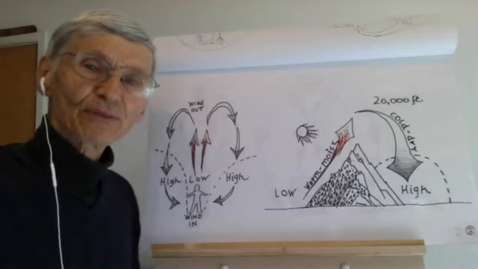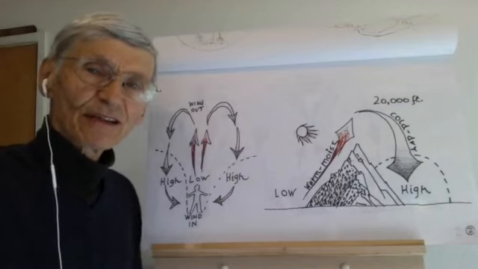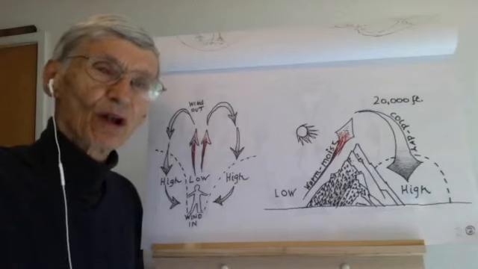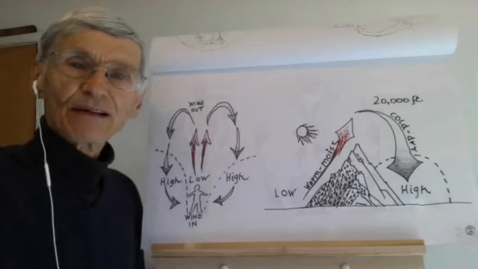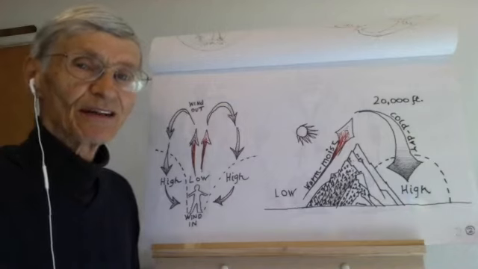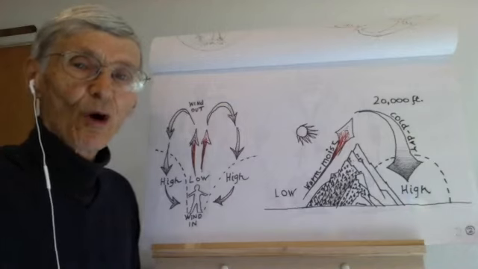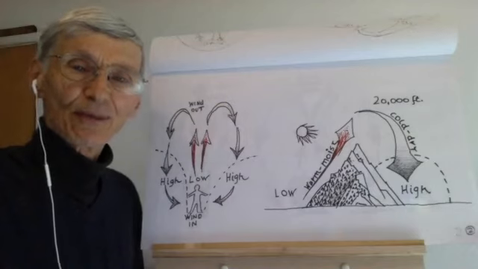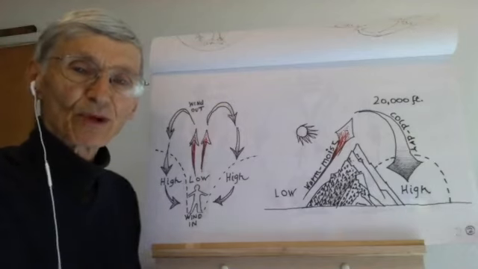If the cloud is building vertically, then that means that the warm air below is dominant. If the cloud is building horizontally, then that means that the coldness of the earth is dominating and pulling the moisture down.